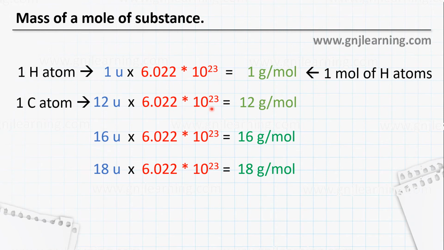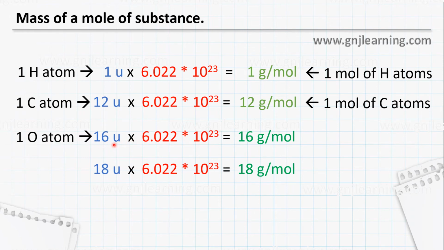This represents a mole. If you multiply a mass with that number, it is now the mass of 1 mole of atoms. And what is its mass? It is 12 gram. So that is 1 mole of carbon atoms. Again, in the case of oxygen, 16 u, if you multiply, whatever I got is the mass of 1 mole of oxygen atoms.